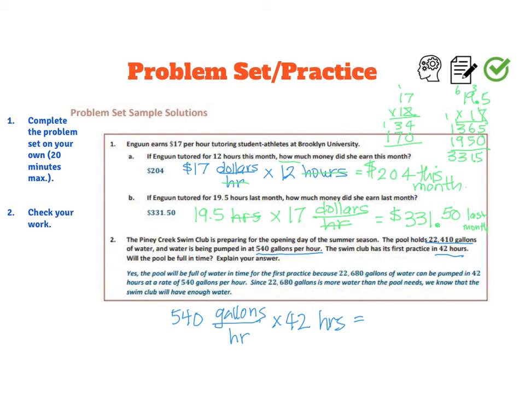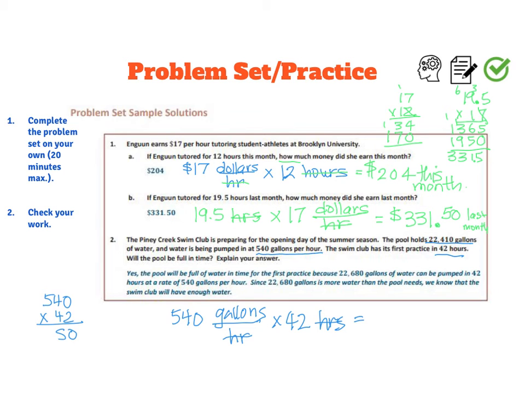Let's see. So I'm going to cross cancel my hours and hours. So now I'm multiplying 540. I'll do it over here. 540. Oops. And I'm multiplying that by 42.